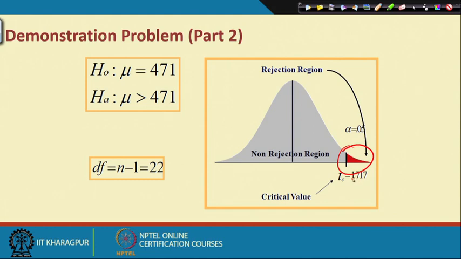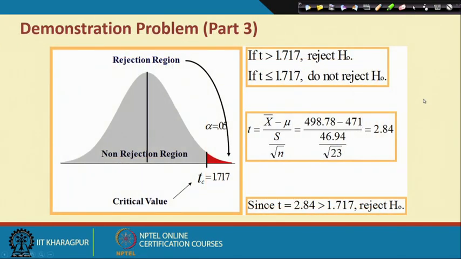So, now you check what the T calculated is, and whether the T calculated is coming under the accepted zone or rejected zone, and on the basis of that you have to take the management decisions, right.